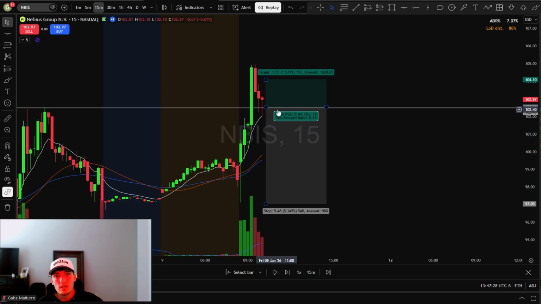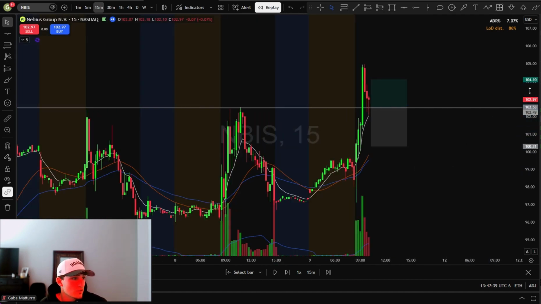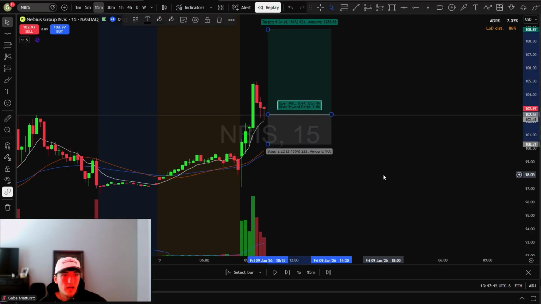This would be something like if you take $1,000 in a trade normally, you would only want to take like $200-$300. But for me, I'm going to stick with my same size, just move my stop loss up, right? So I would have put my stop loss around this level. If it wasn't going to hold this key level, then I would just not want to be in this trade at all. So this is something where you just have different types of conviction in the trade, or kind of just a different thought process.